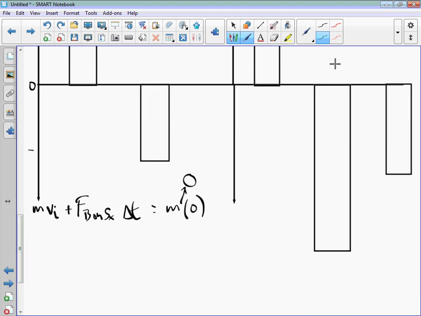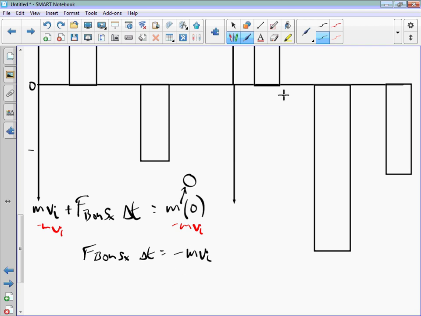So to get force by itself, I want to subtract mass times initial velocity of that sad ball from each side, where I would end up with the force of the board on the sad ball in the x direction times change in time equals negative mass times initial velocity.